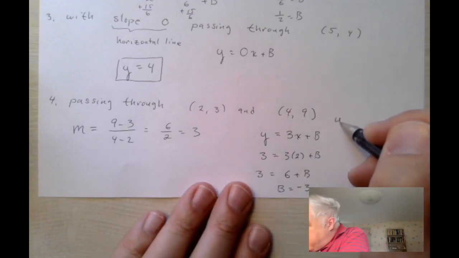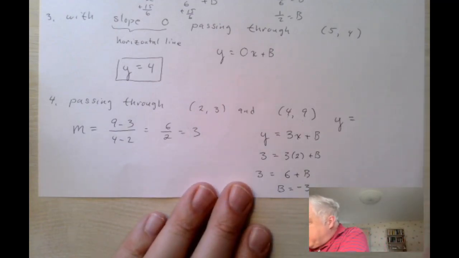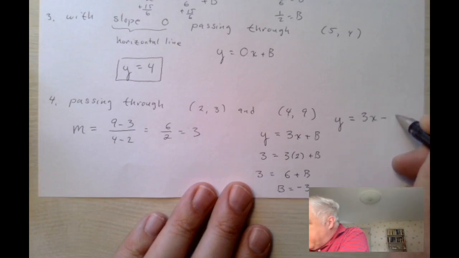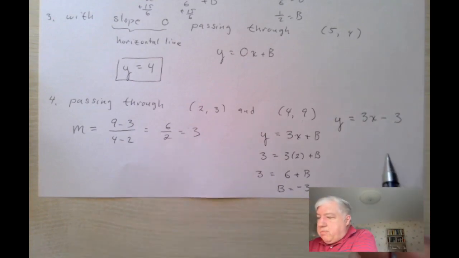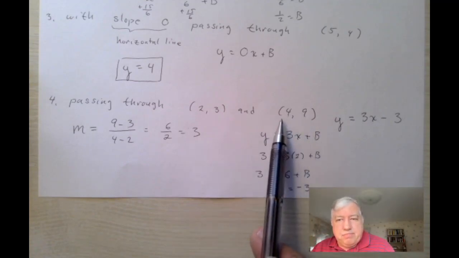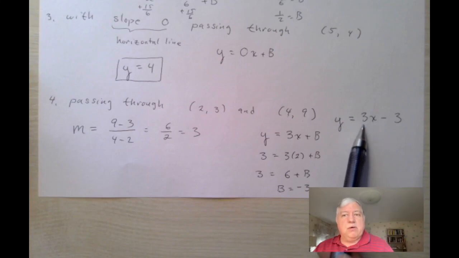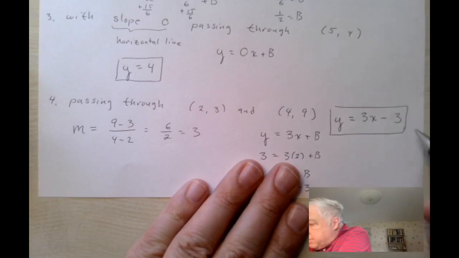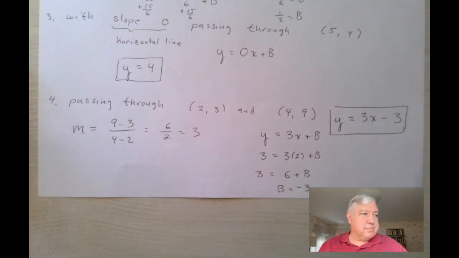So I think we get y equals 3x minus 3. And we can double check this by plugging the values of the other point in. If we plug in x equals 4, we get 12 minus 3, that's 9. So this indeed is the right answer. Okay.